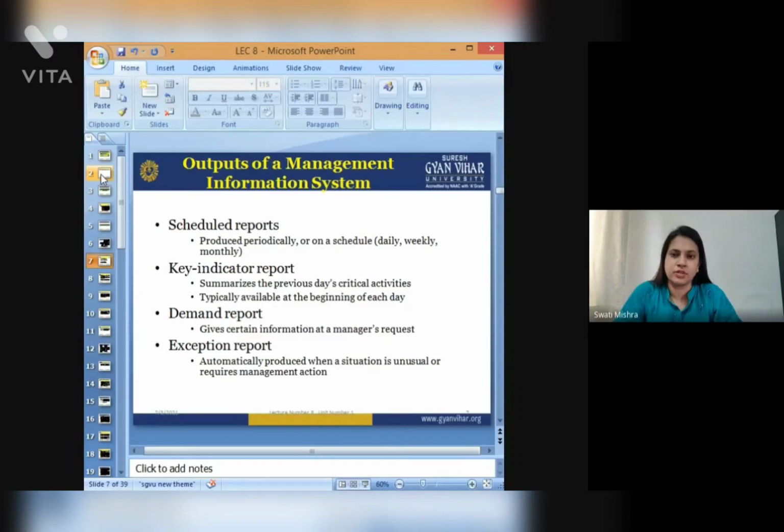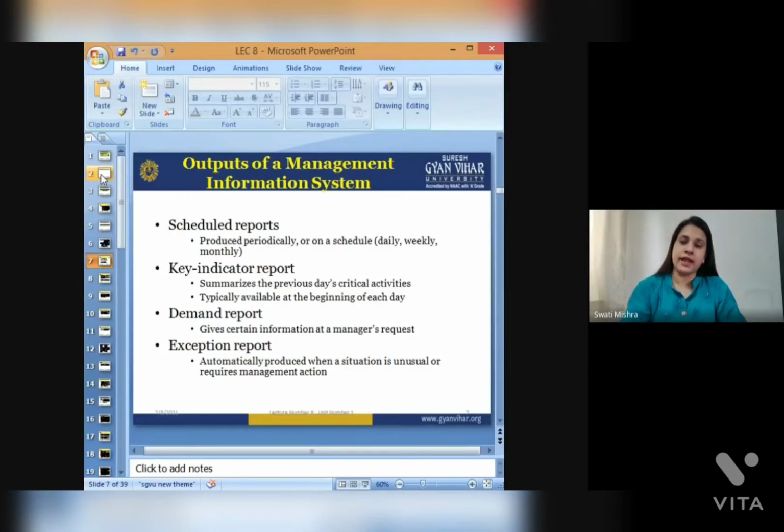So the demand report gives you that type of information. And then there is an exception report, which is automatically produced when a situation is unusual or requires some particular kind of management action. In that situation, exception reports are created.